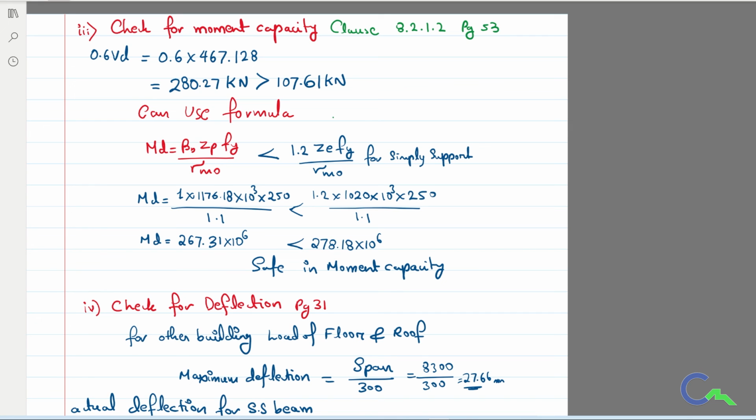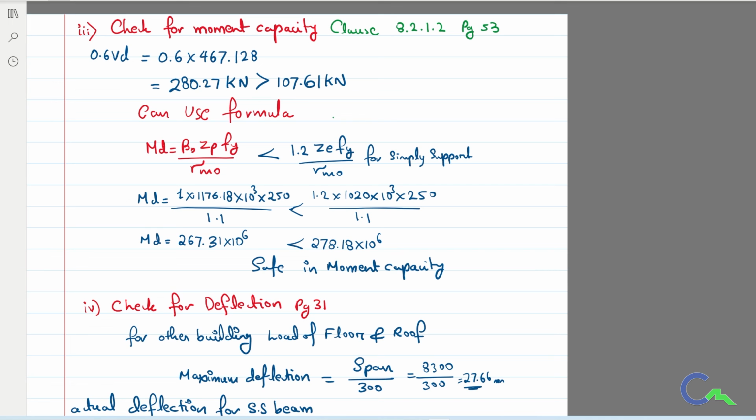So in the previous first check I checked for the classification, we got it as plastic section, so therefore I can use beta b is equal to 1. So Zp we noted from the steel table, I can substitute that. So I will get Md is 267.31 into 10 to the power 6.